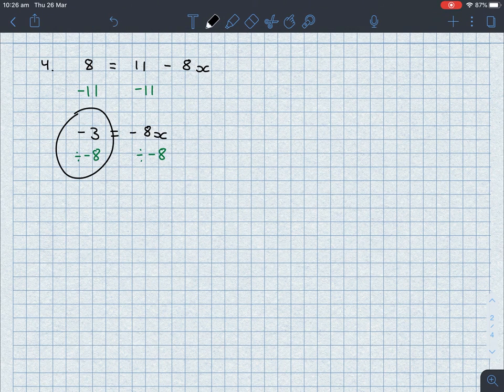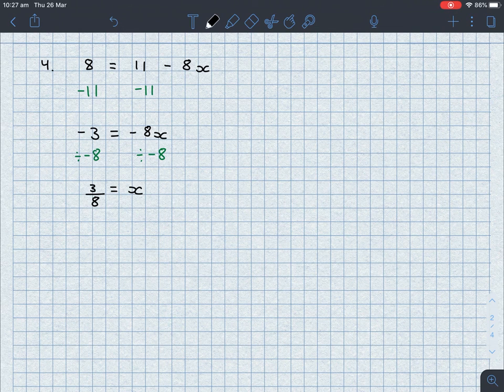Negative 3 divided by negative 8 is just 3 over 8. So I'm writing it as a fraction. I try not to use decimals in equations, so always write your answers as fractions. Improper fractions are okay. And here I had a negative divided by a negative, which is why my fraction is positive. And then over on the right-hand side, that negative 8 is gone, so I'm just left with x.